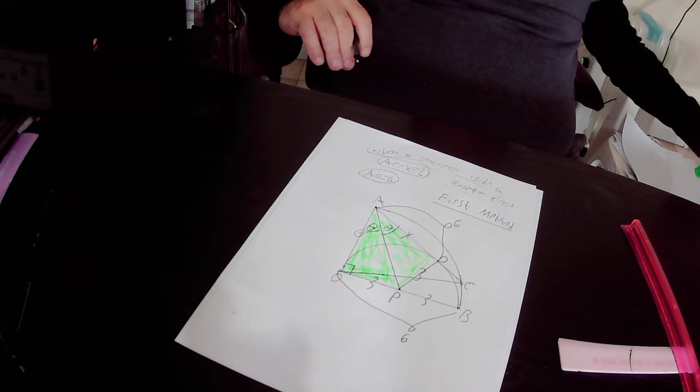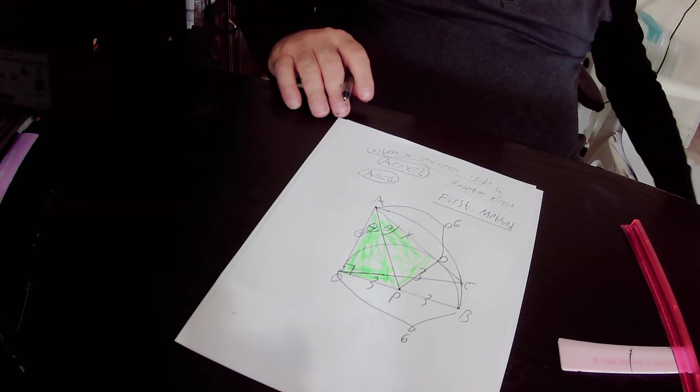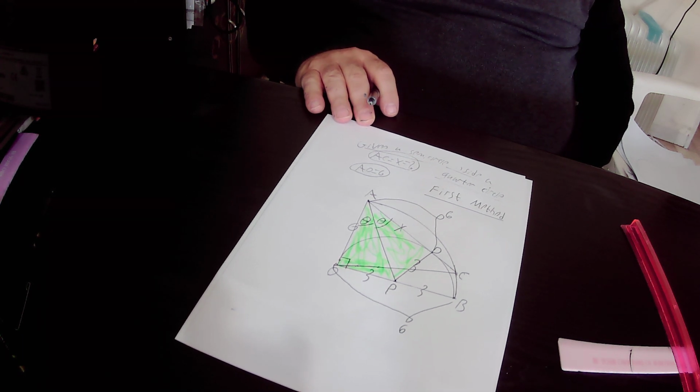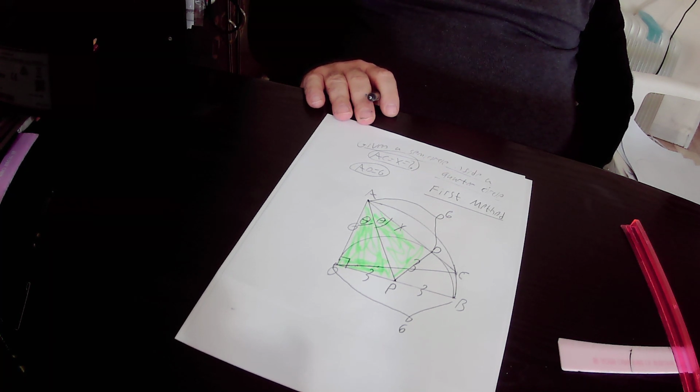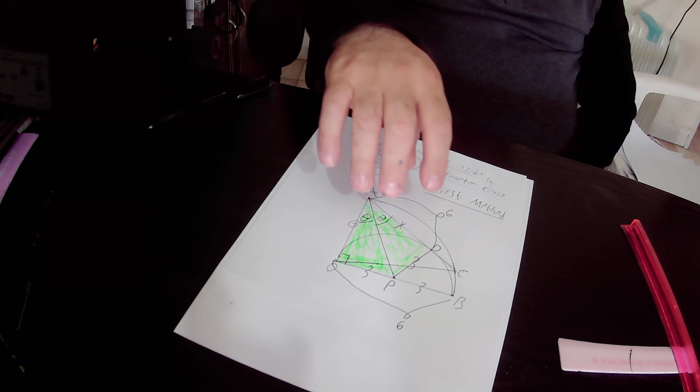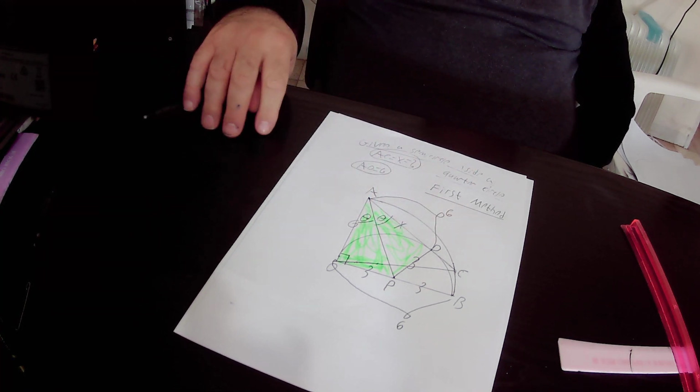In the next step, I will present to you the law of cosines. I've already talked about the law of cosines in the previous lecture, so I will do it shortly. And then we will implement the law of cosines in this triangle, triangle AOC.